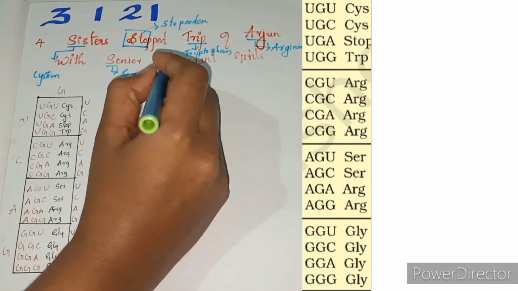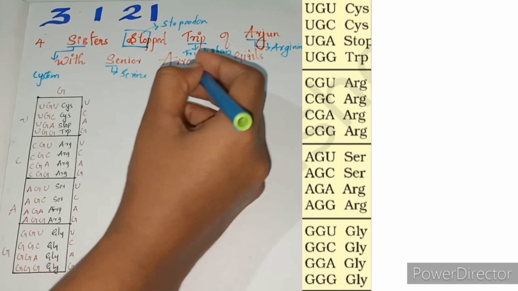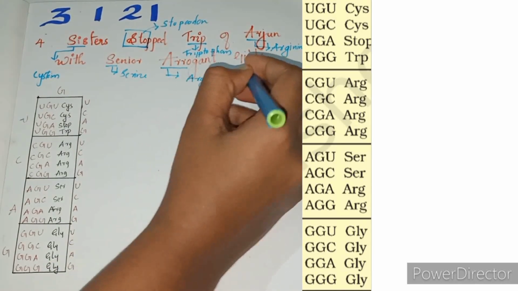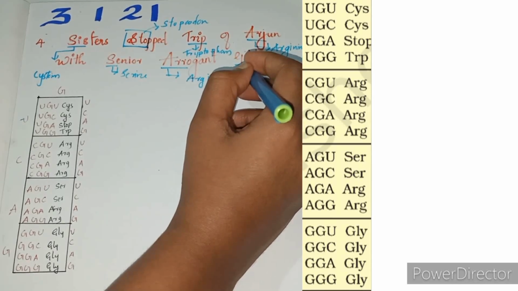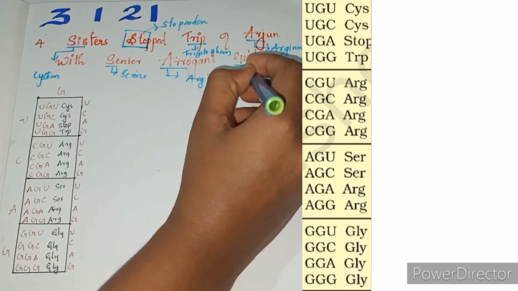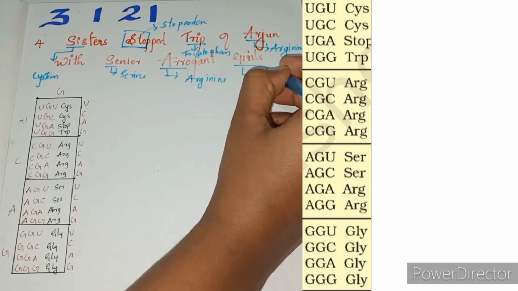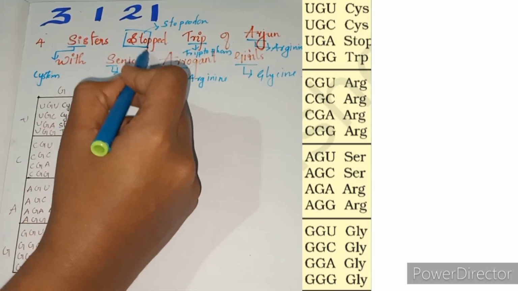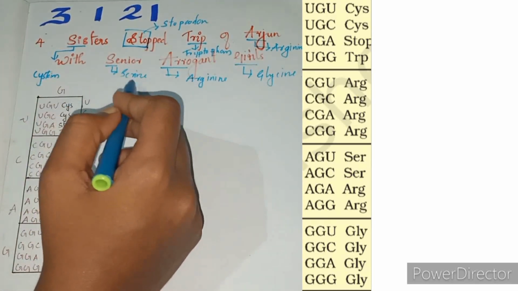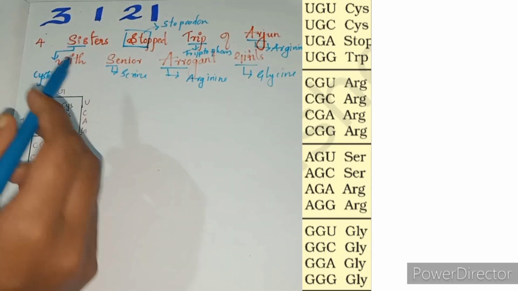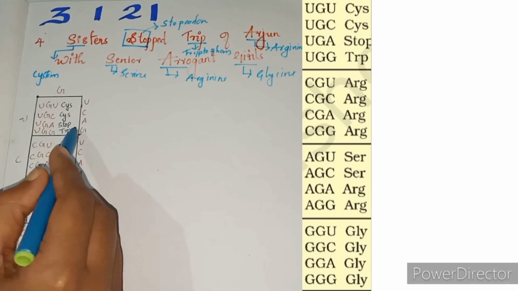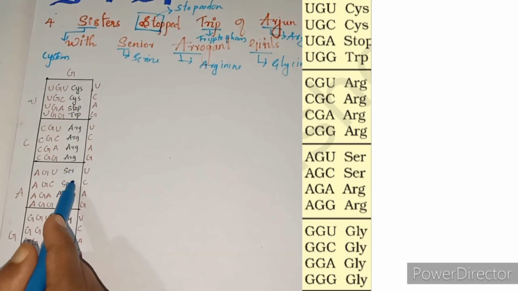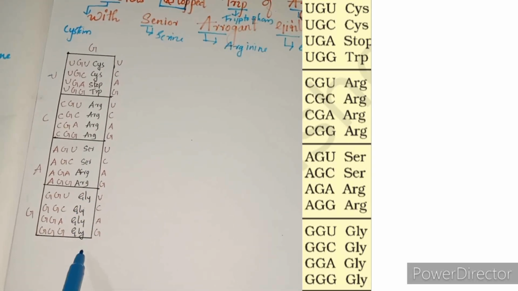Again, arrogant, A for arginine, and G in girls for glycine. Sisters stopped trip of Arjun with senior arrogant girls. Cysteine, the next one is a stop codon, tryptophan, arginine, serine, again arginine, and glycine.